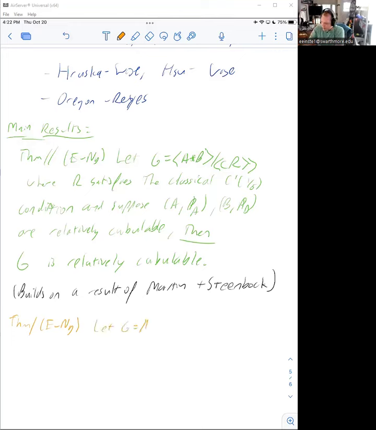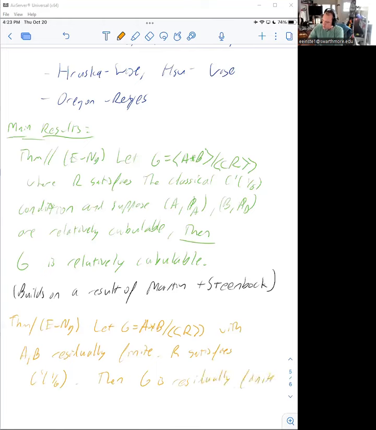Let G be a free product of groups A and B, with A and B residually finite, and R again satisfying C'(1,6). Then G is residually finite.